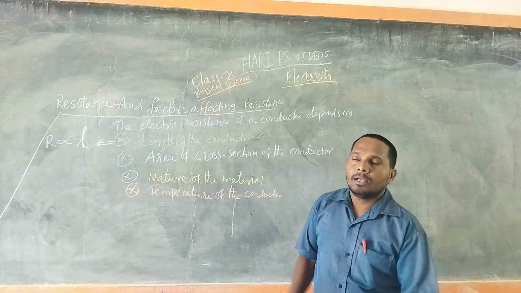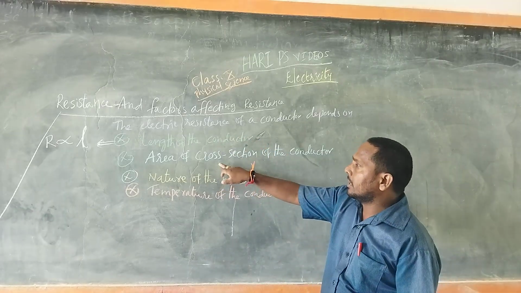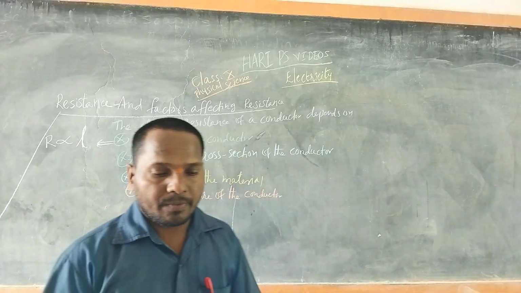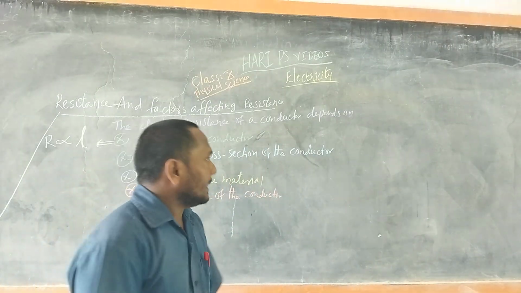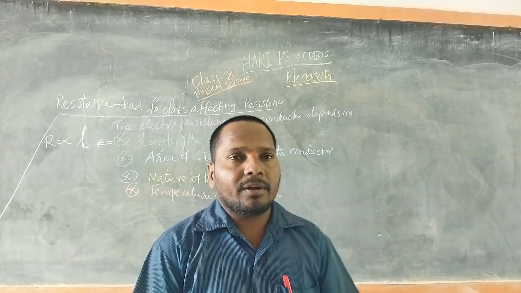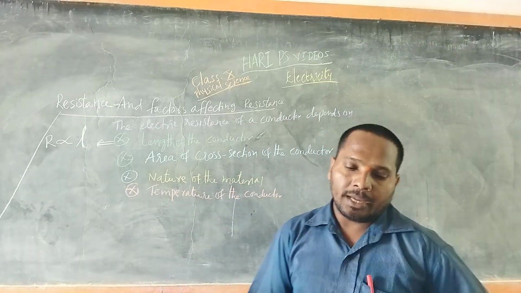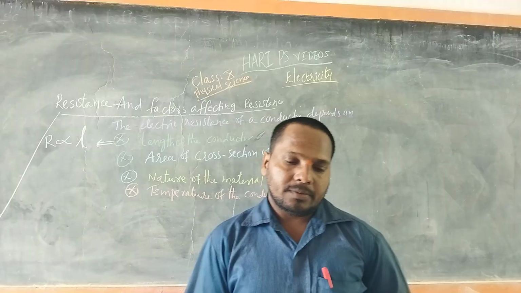Then coming to the second one, area of cross section of the conductor. Area of cross section, you can simply say, is the diameter.